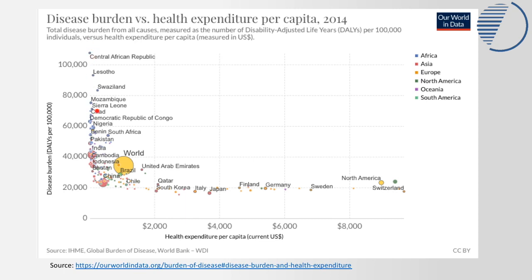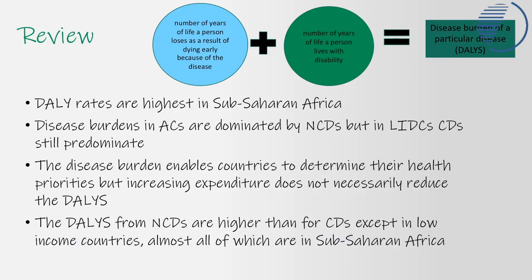So the more you spend, the lower your disease burden. But significantly, if you spend more than 2,000 US dollars per person per year, you can see that there's a levelling off impact. So here it's having less effect on the disease burden.